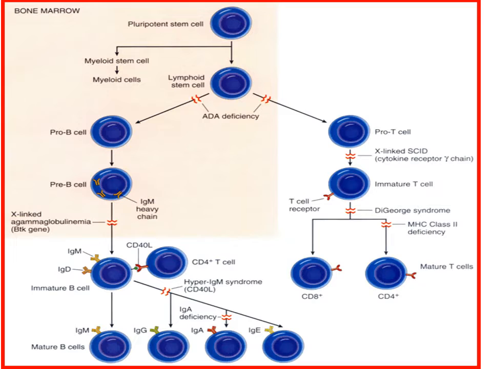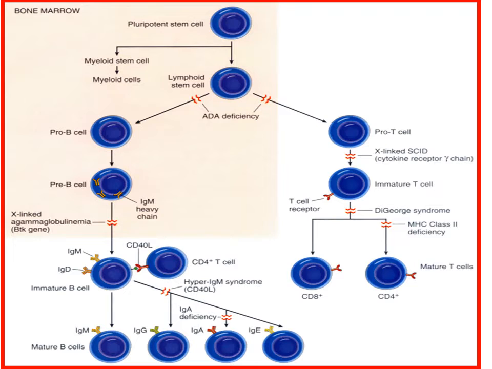This results in X-linked severe combined immunodeficiency disease. If there is a defect at the level of differentiation from the immature T cell, which has TCR attached on its surface, to differentiate into CD4 and CD8 mature helper and cytotoxic T cells, that defect results in DiGeorge syndrome.